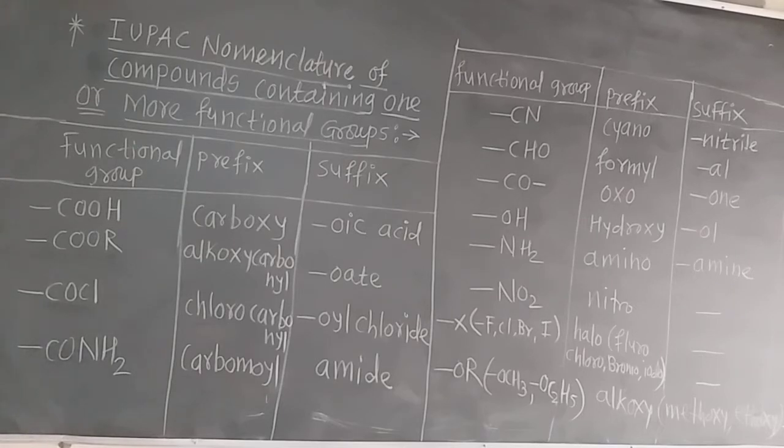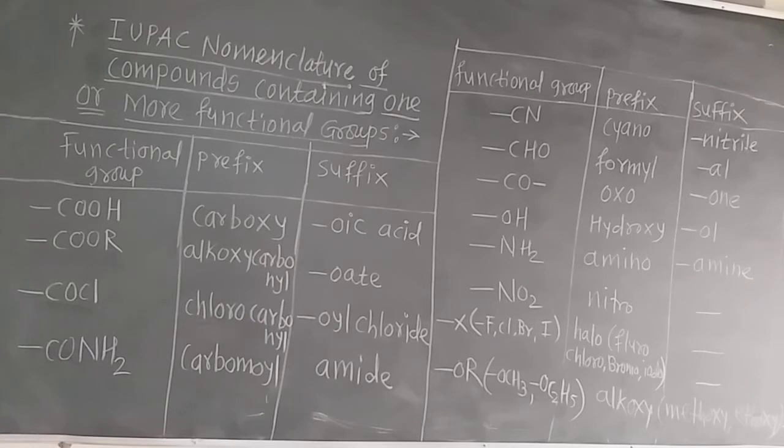For example, in the classification of organic compounds by functional group, I gave you one example, acetyl chloride, CH3COCl. So acetyl or acyl chloride, that suffix is generally used. But if it is a prefix, then chlorocarbonyl is used.